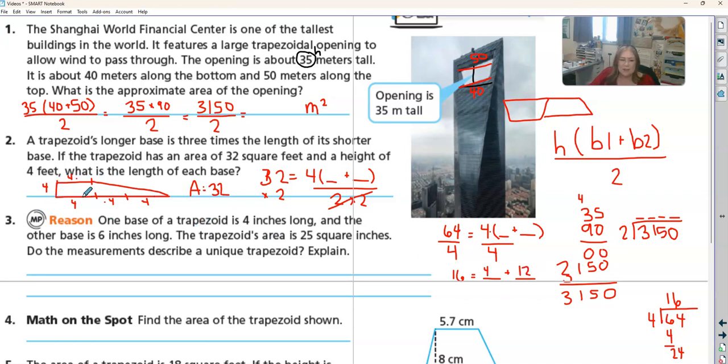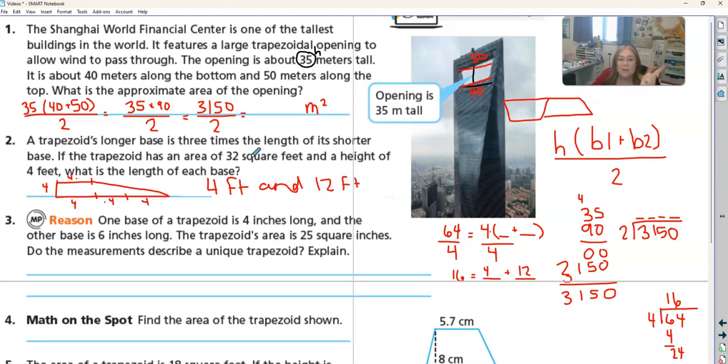So our answers should be the length of each base. Sorry, I've got to get some room here. So the answer to this one is one base could be 4, we're talking feet, and the other could be 12 feet.